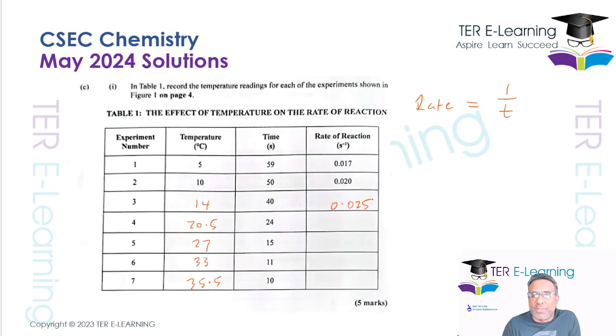Next one is 1 divided by 24, and that's 0.042. Next one is 1 divided by 15, that is 0.067. Next one is 1 divided by 11, you're going to get 0.091.